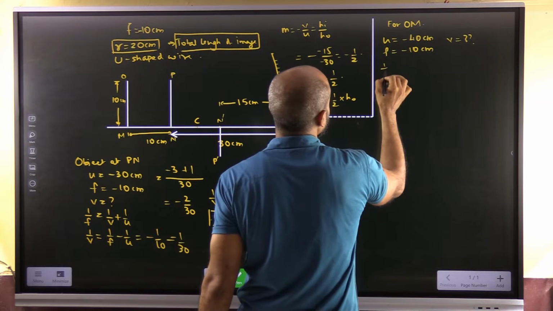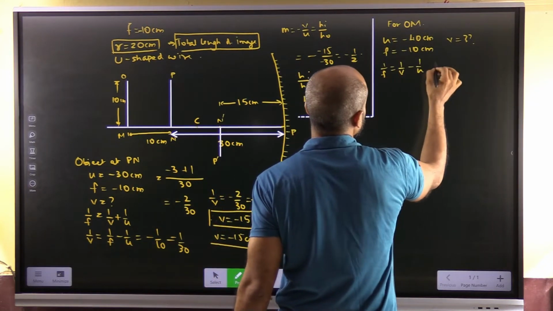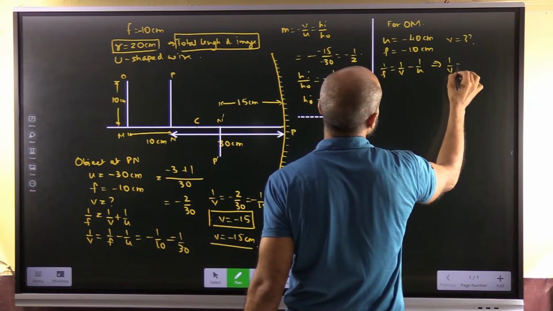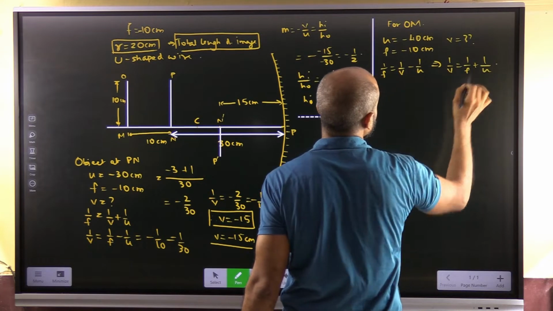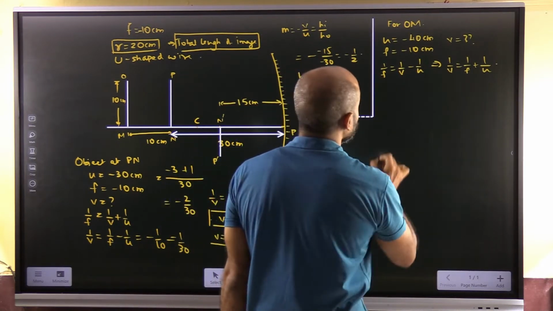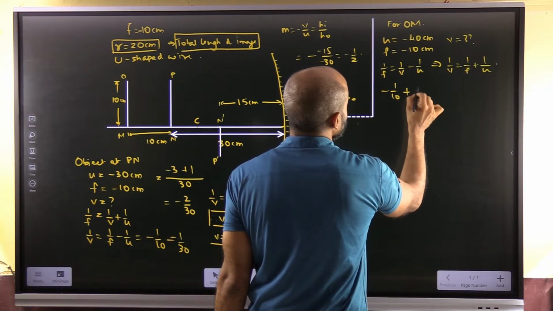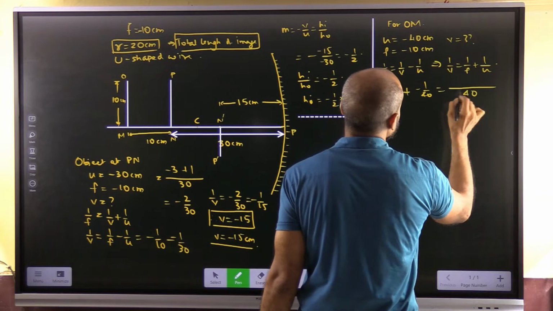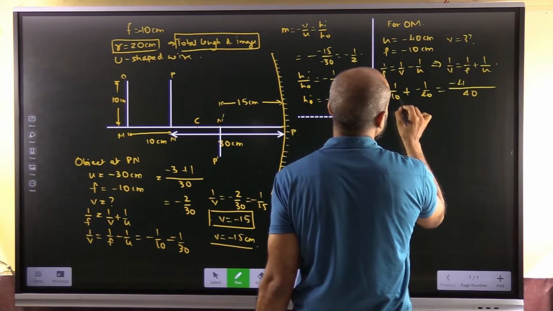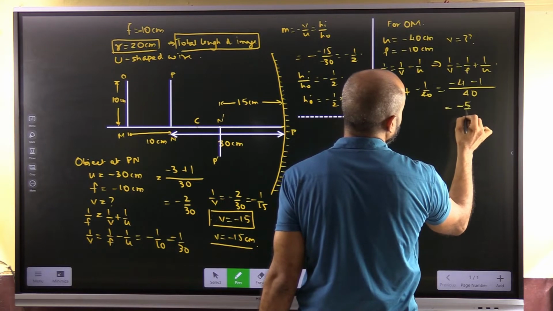1 by f is equal to 1 by v plus 1 by u. So that means 1 by v is equal to 1 by f minus 1 by u, that is minus 1 by 10 plus 1 by minus 40. So that's going to be minus 4 and minus 1, minus 5 by 40.